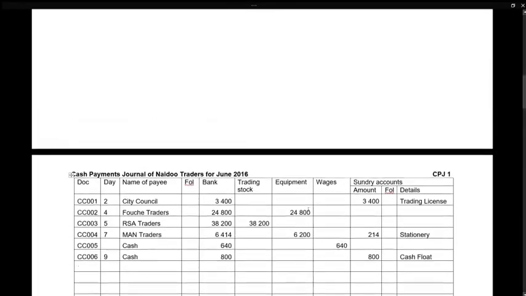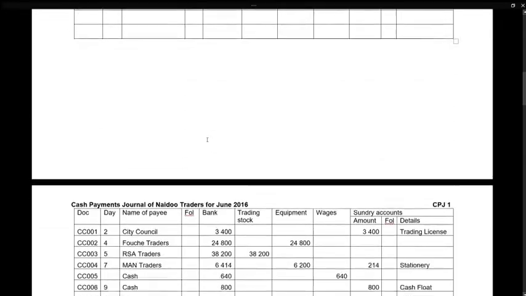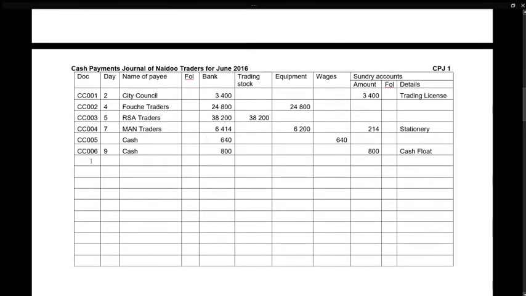Alright, next transaction took place on the 14th. Paid check 007 to SA Repairs for 1,900 for repairs on the owner's private vehicle. Private vehicle, that word is very important. It's not for the business, it's private. Therefore, it will be drawings. Alright, so check counterfoil 007. It took place on the 14th. Who did we pay the money to?